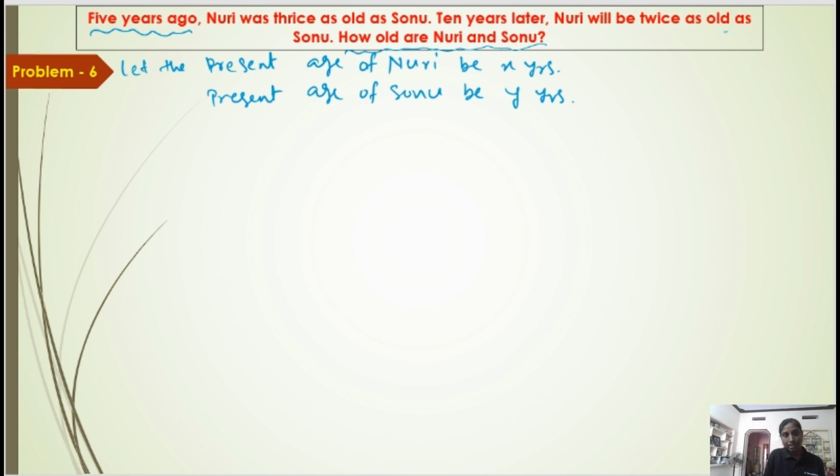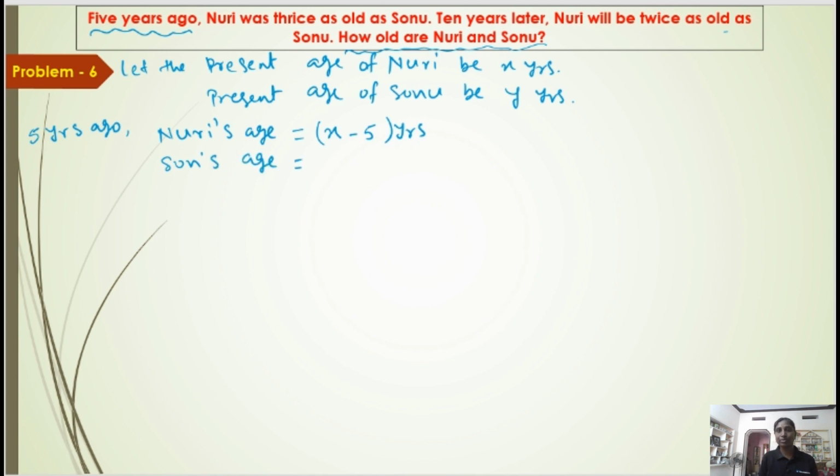The same thing we will do here. 5 years ago, Noori's age is equal to present age x minus 5 years. Sonu's age 5 years ago: present age of Sonu is y, so y minus 5 years.